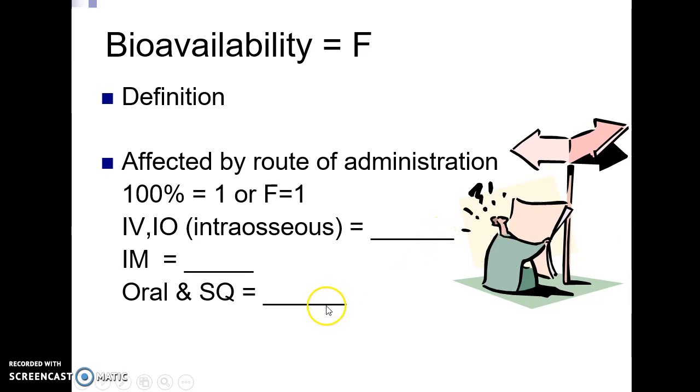And lastly, oral and sub-Q kind of go together. And those, as you can imagine, take more steps, and there's more possibilities of drugs not making it into the bloodstream. So oral administration, we have to get it into the gastrointestinal system where it is absorbed.